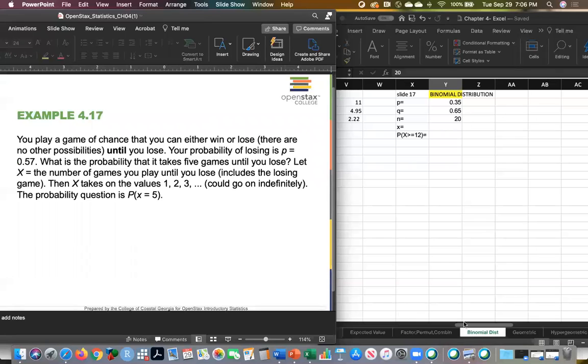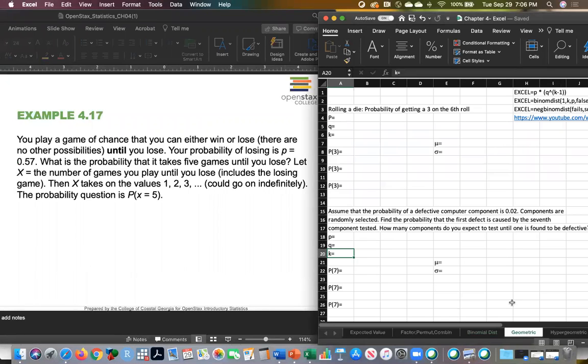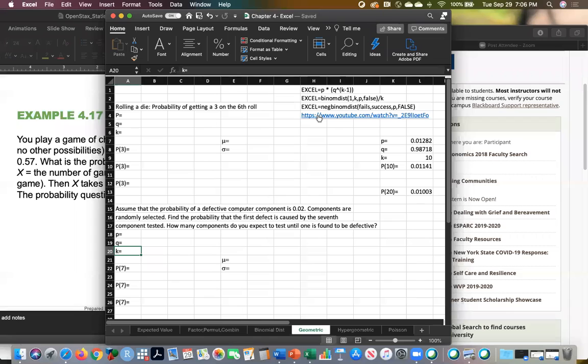So for example, I have a geometric distribution here. I also added a link. This is a YouTube video, and the YouTube video is very good. It presents all these choices. You can solve the problem using the binomial distribution formula, with some amendments that we can do, or the geometric distribution is almost the same as the negative binomial.